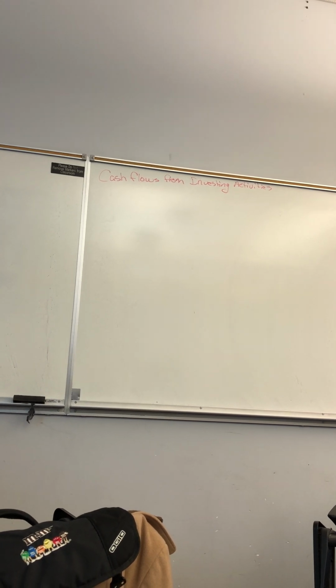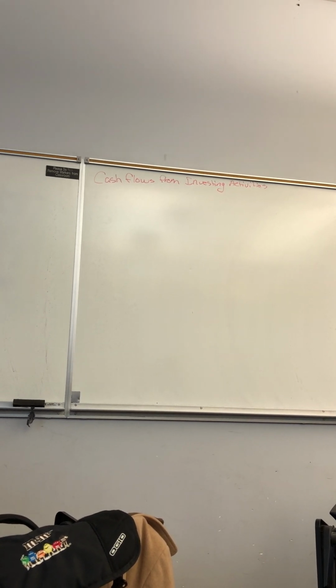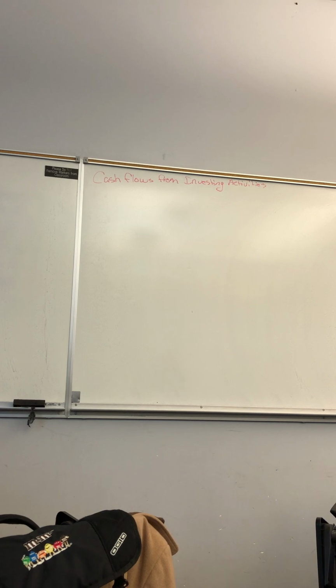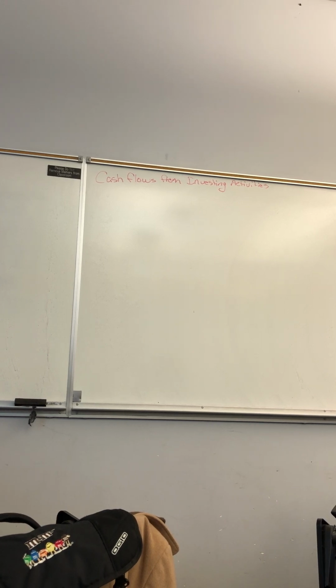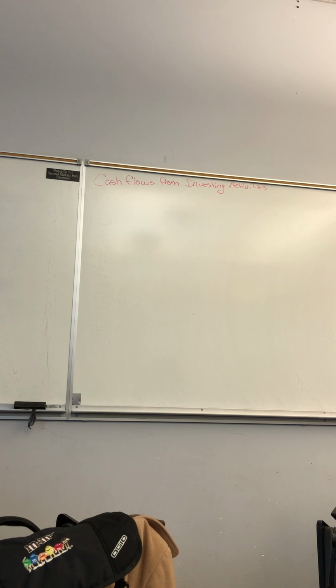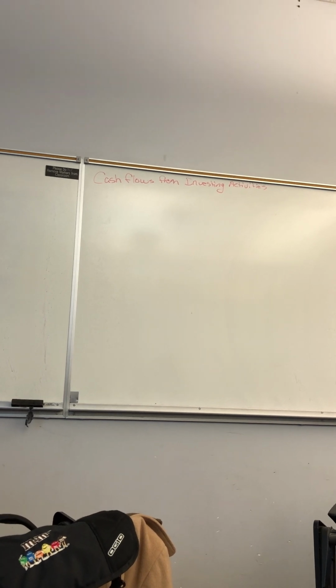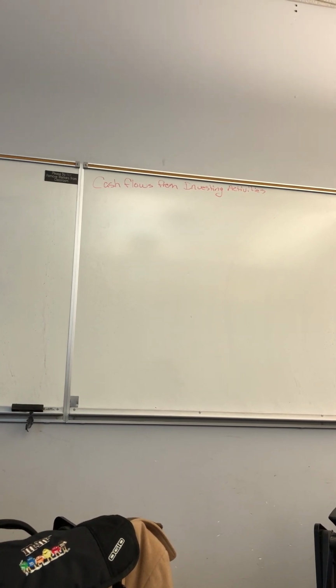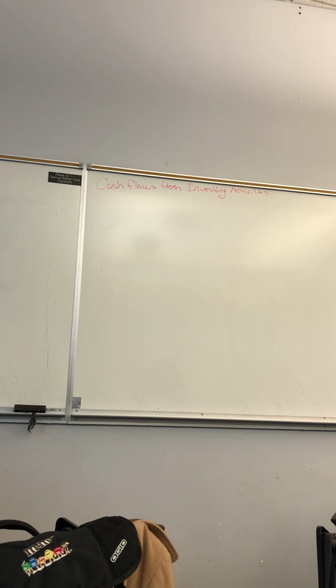Okay, but here we have equipment. We went from 230,000 to 300,000. And it also says the equipment sold originally had a cost of 74,000, and we sold it for 15,000.